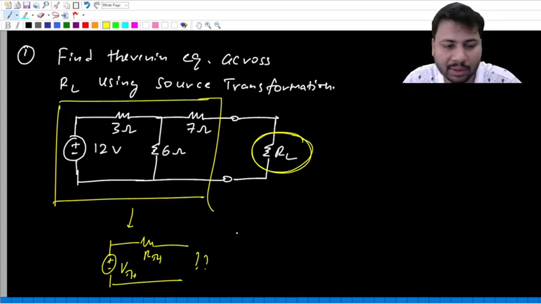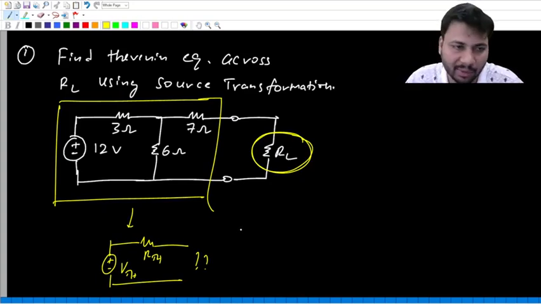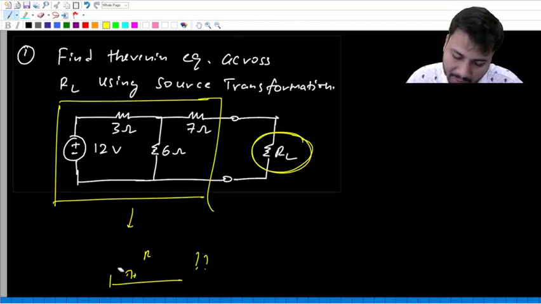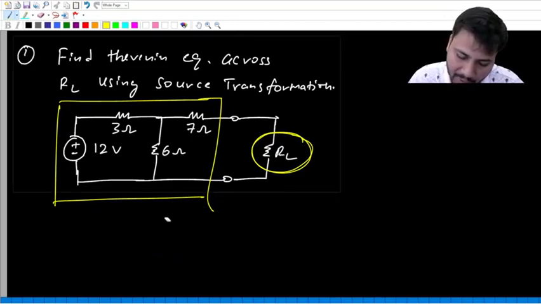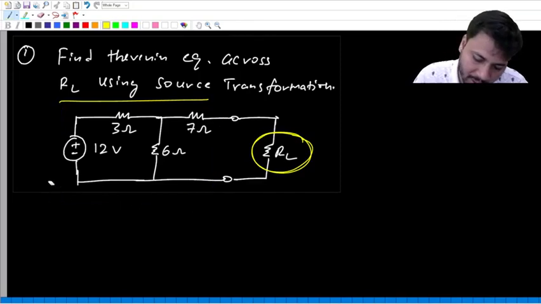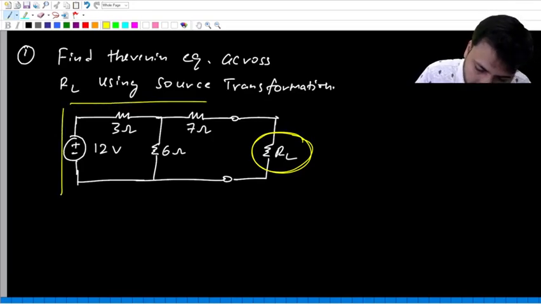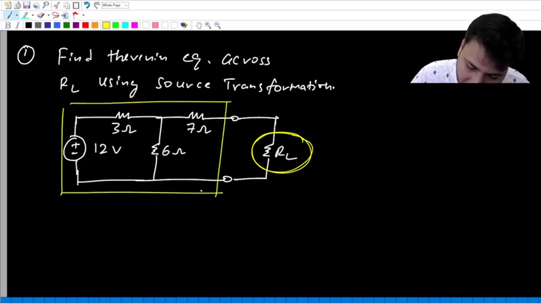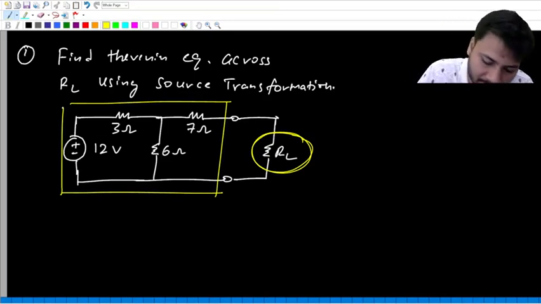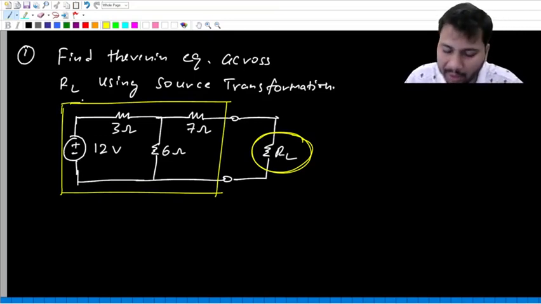This is the Thevenin equivalent. You can easily do it. I hope you have understood the equation. So with respect to RL, this box should be replaced with its Thevenin equivalent.